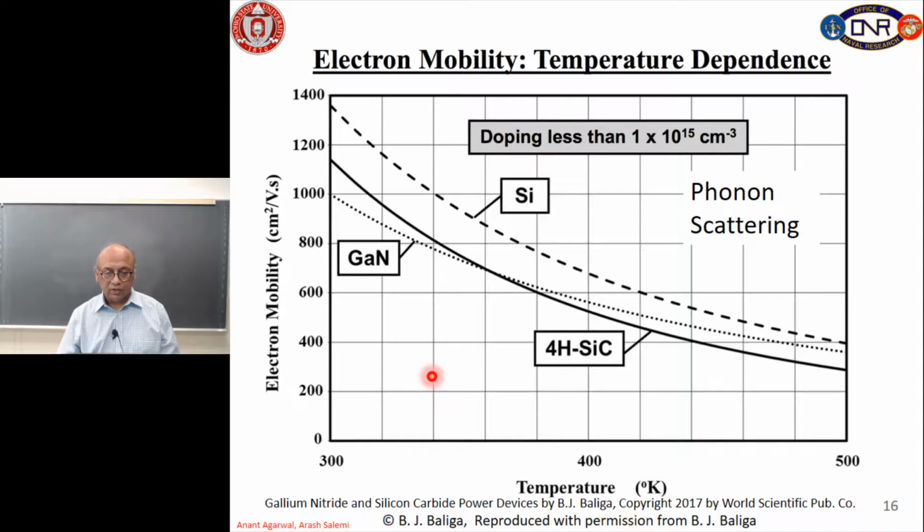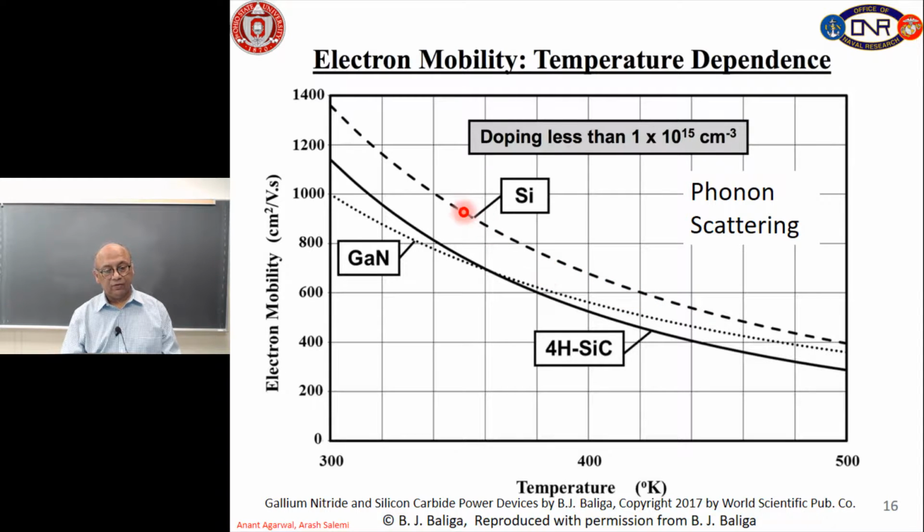Then we had also discussed that mobility is a function of temperature, and that's due to the phonon scattering. If we increase the temperature above room temperature, generally the lattice or phonon scattering dominates, and as we had discussed, the mobility of electrons and holes reduces.